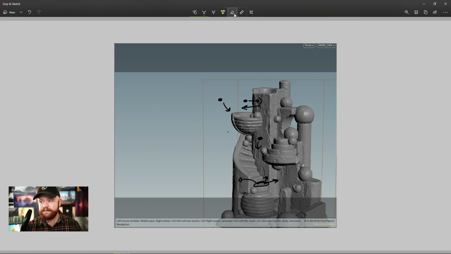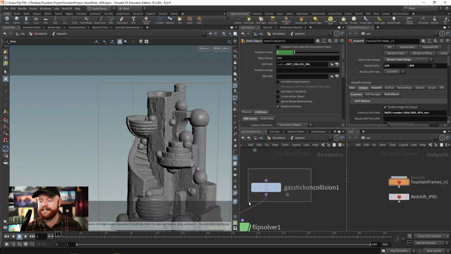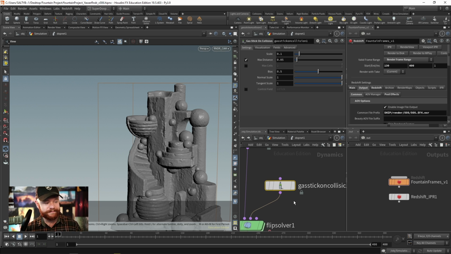So instead of doing all of that, there's actually a much better way of doing all of this, and that instead is using this gas stick on collision node. We're actually not going to use anything on the particles. We're going to use volumes in order to control the movements and behavior of this whole thing.